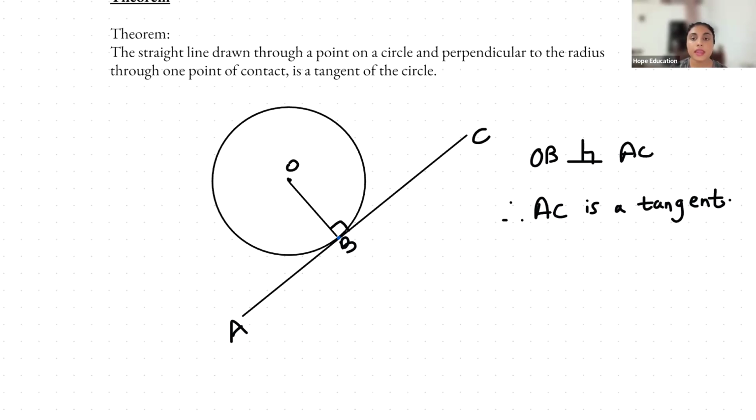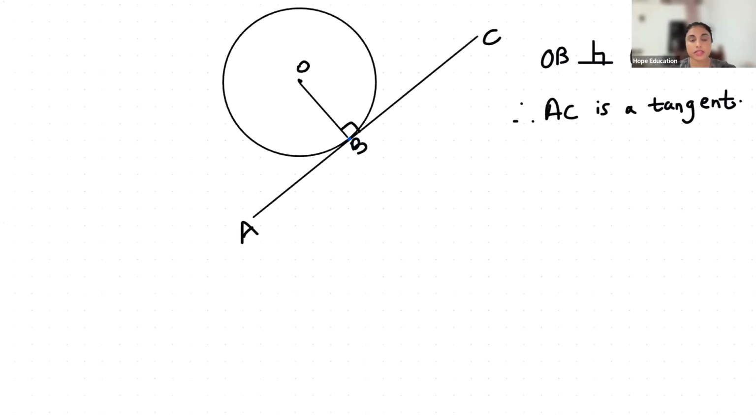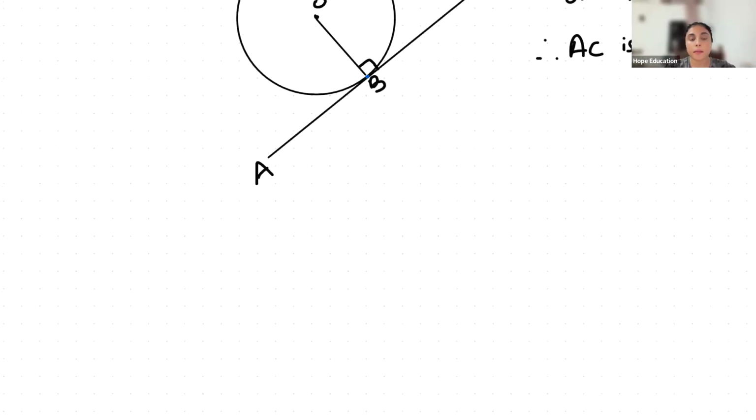Okay. මේකෙම opposite එකක් තියෙනවා. Right? ඕනම theorem එකක opposite එක කියන්න අපි converse of the theorem. Theorem එකක opposite means converse of the theorem.